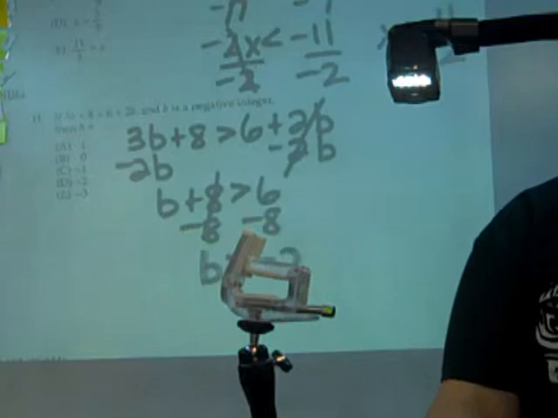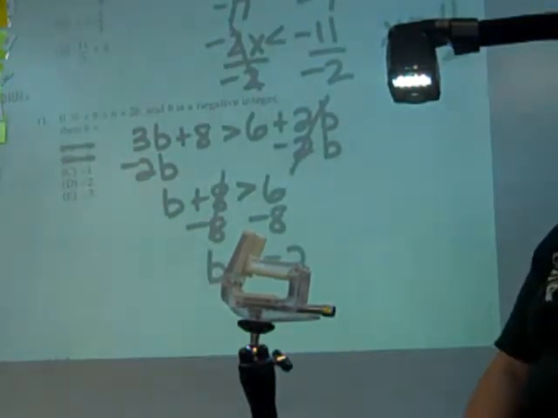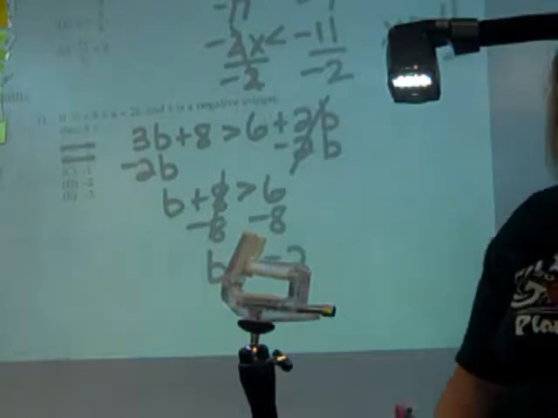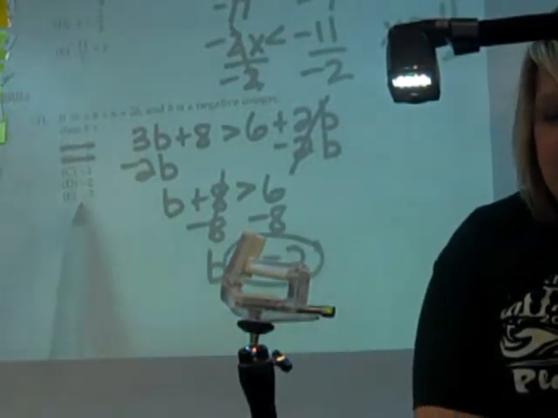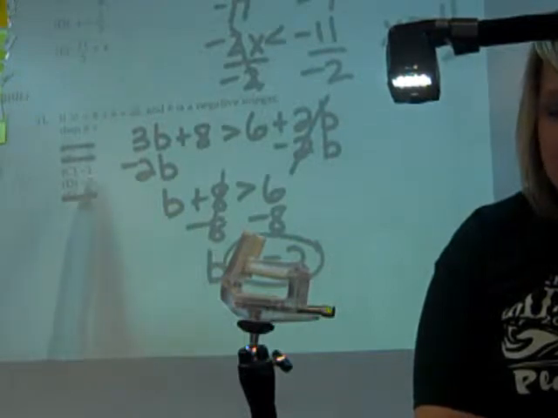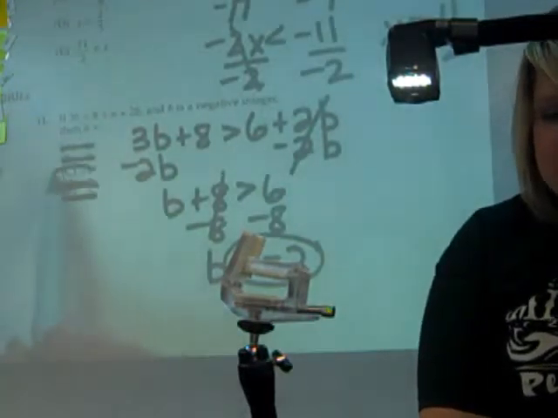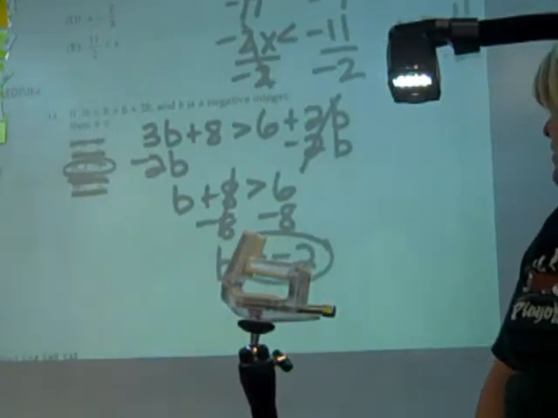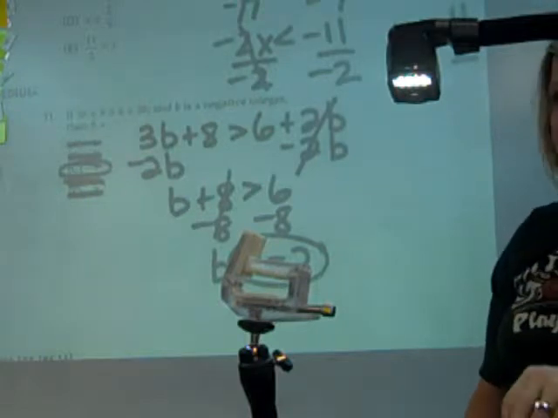So right away it can't be A or B because those are not negative integers. And out of the 3 that are left, there's only one that's greater than negative 2. Negative 3 is less than negative 2. Negative 2 is equal to negative 2, and that's not an option, so it has to be C. Greater than negative 2. Okay, I just did it backwards. Oh, why'd you get it right? I had to check.